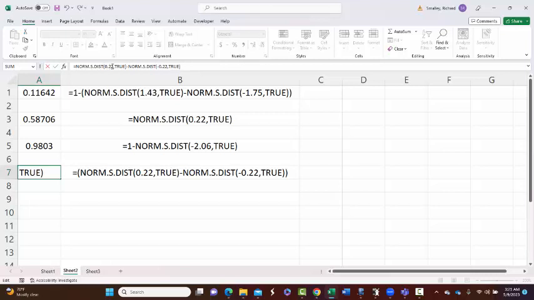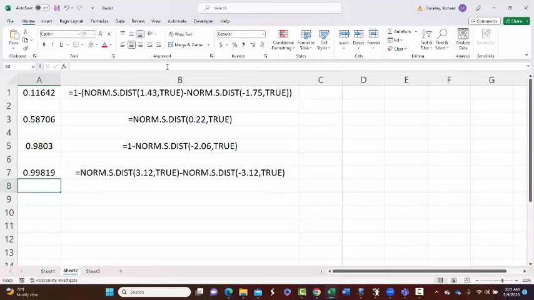So 3.12 is the upper. Lower, and there it is, 9982. But I can guarantee you, if those outer parentheses had stayed there, it was still fine.